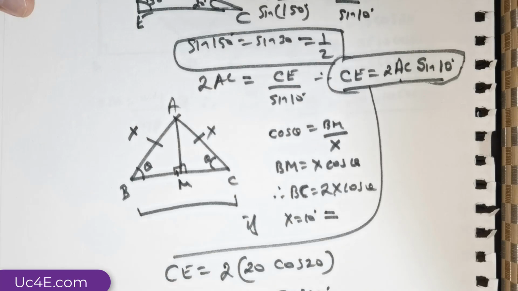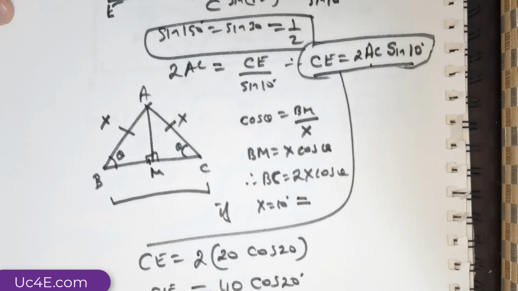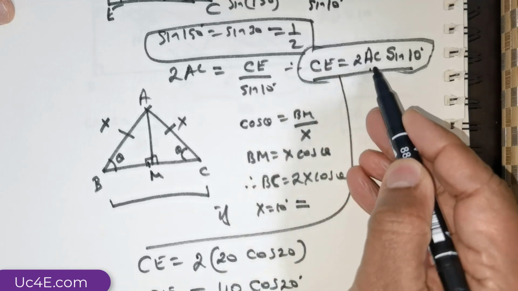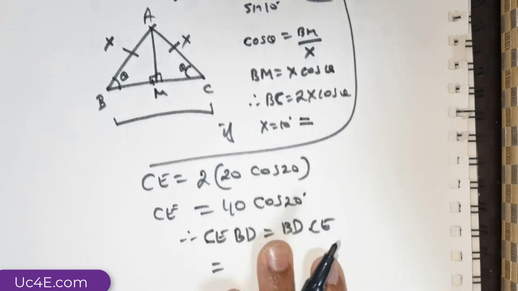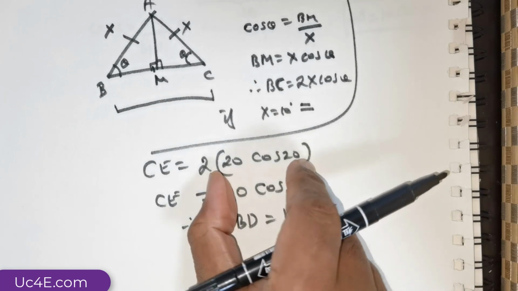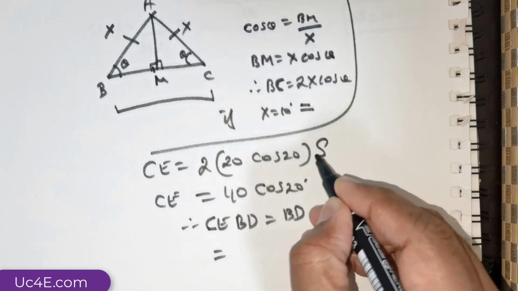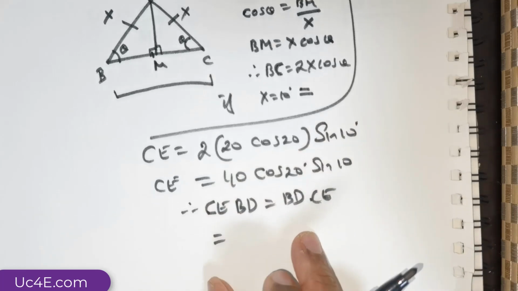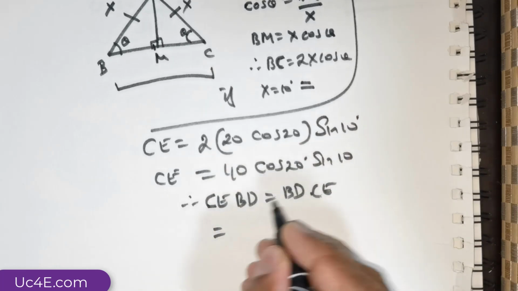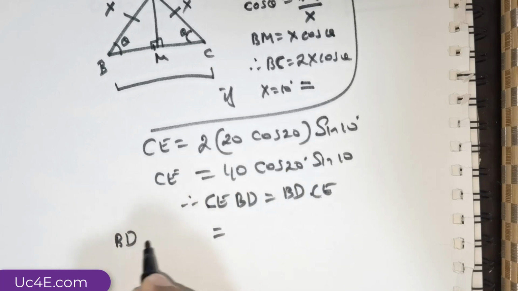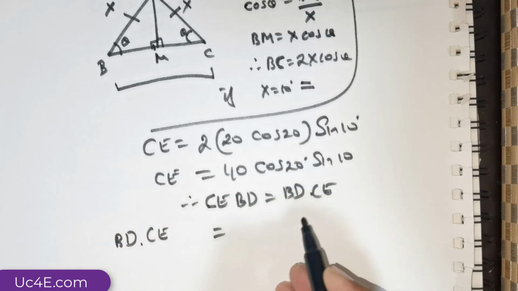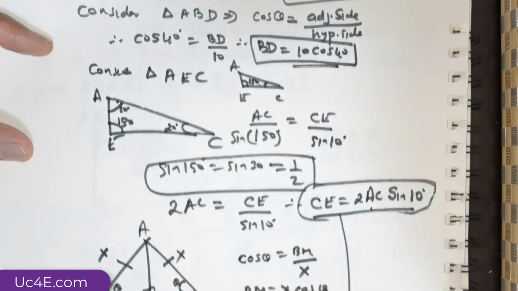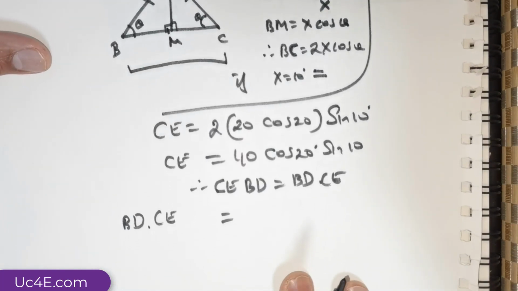Now before I could do that, I need to include the sine 10 degrees. You see, CE is 2 times AC times sine 10, right? But I did not include the sine 10. I've just substituted the value of AC. So let me place sine 10. So having placed the sine 10, I need to now find BD times CE. So what is BD? BD is 10 times cos of 40.